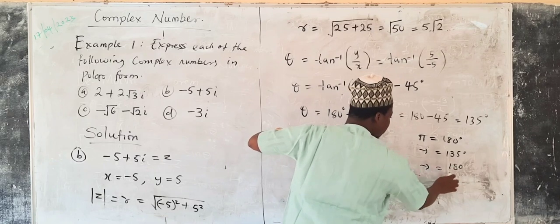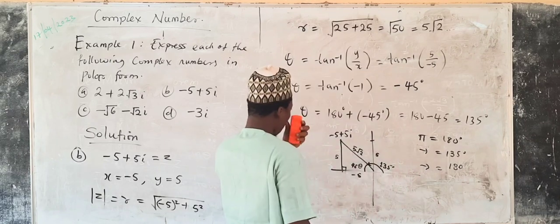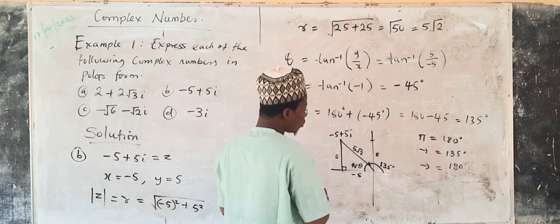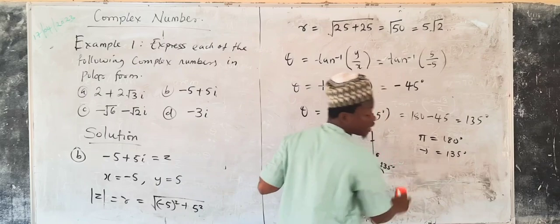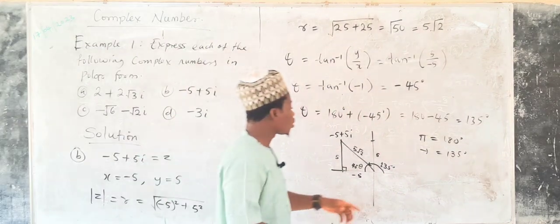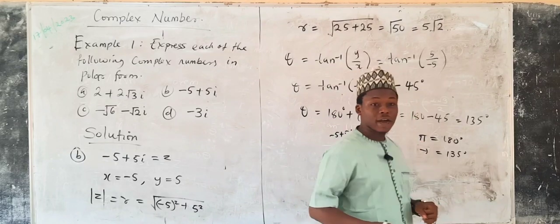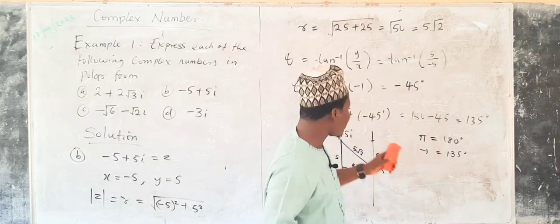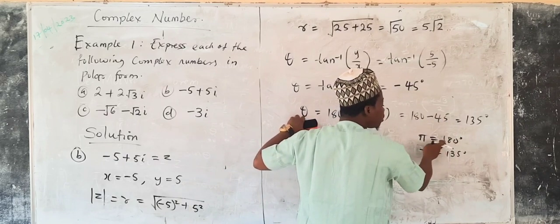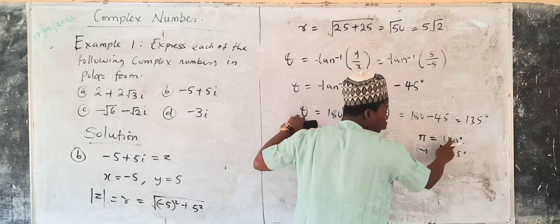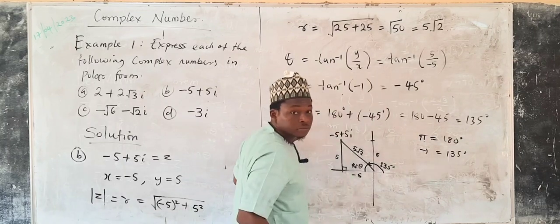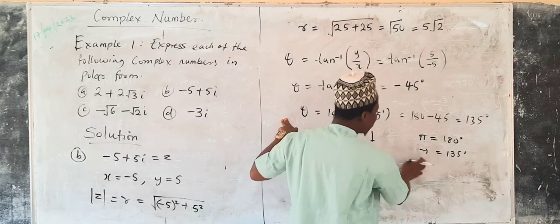We want the answer in pi. So what we'll do is we divide by 180; it's just a matter of cross multiplication. So we have 135 pi over 180.